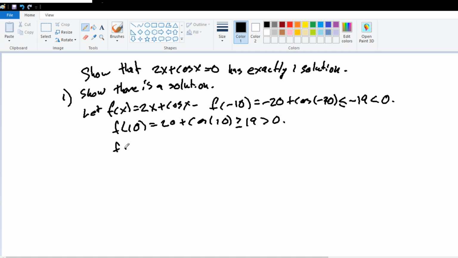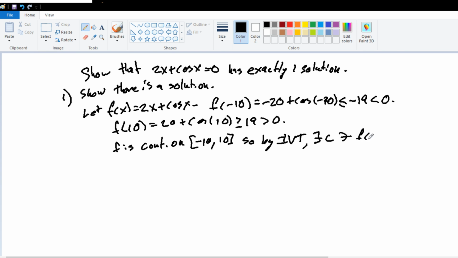Also, f is continuous on negative 10 to 10. So, by the intermediate value theorem, there exists c such that f of c equals 0.